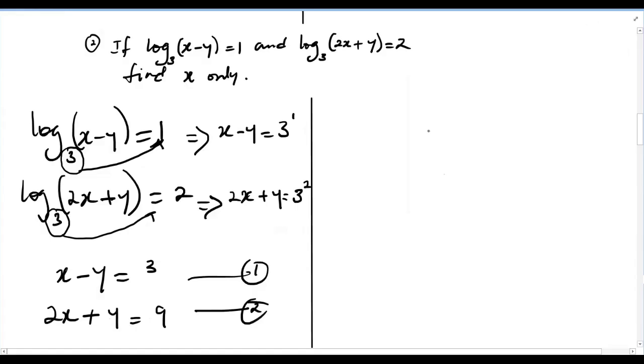Alright. So now, if you look at what we've done, it has taken us back to what? It has led us towards simultaneous equation. Simultaneous equation has two methods of solving, right? In this particular question, I advise you to solve using the elimination method.